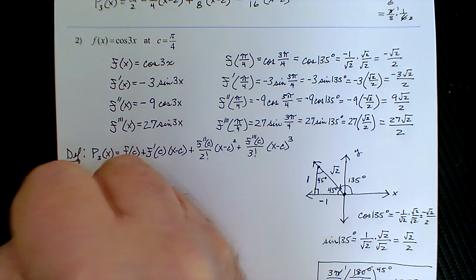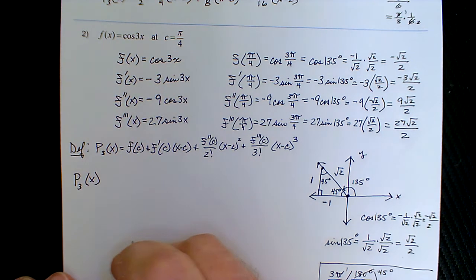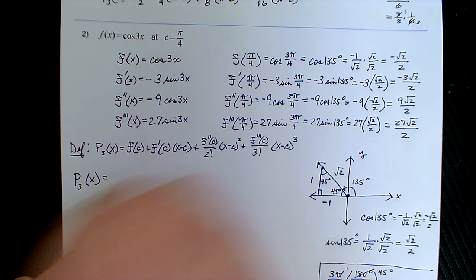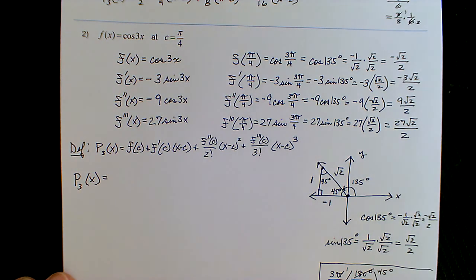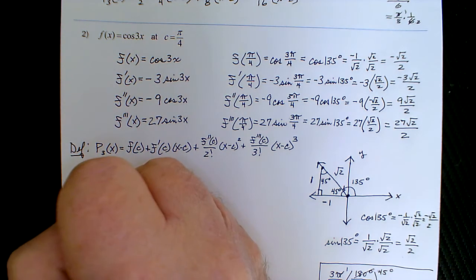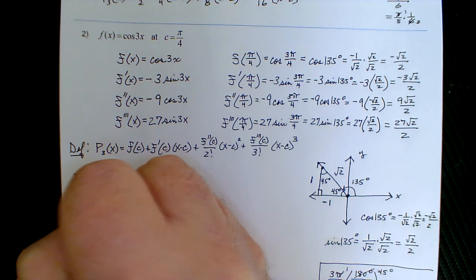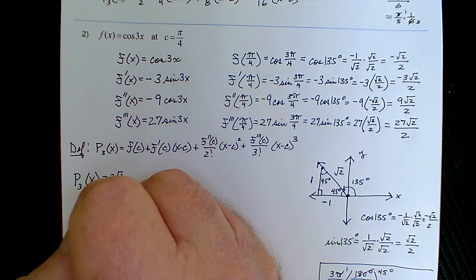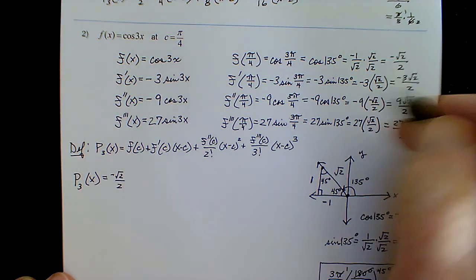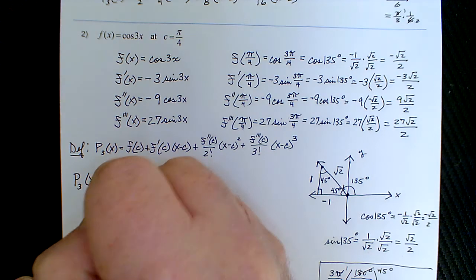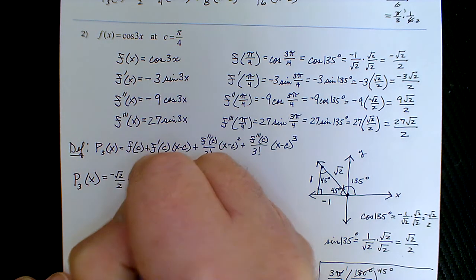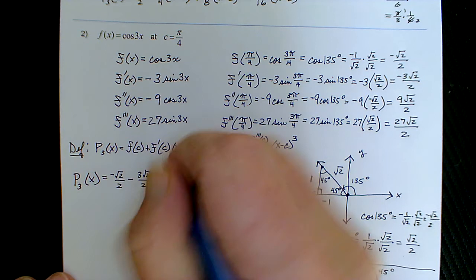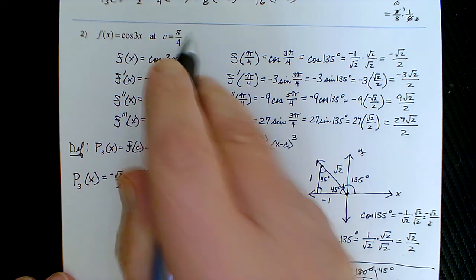So p sub 3 of x is f of c was the negative radical 2 over 2, plus f prime of c was negative 3 radical 2 over 2, but times x minus c, and c, recall, was pi over 4.